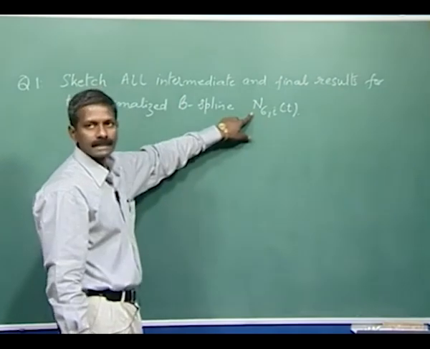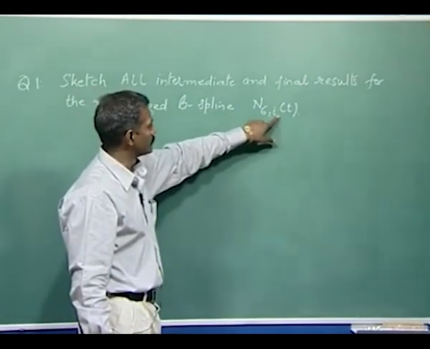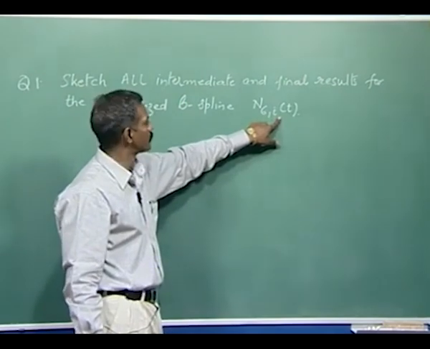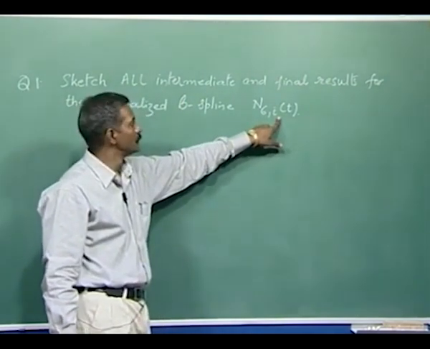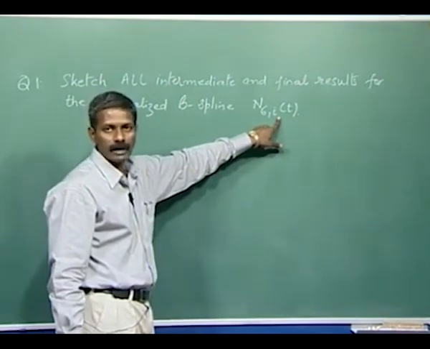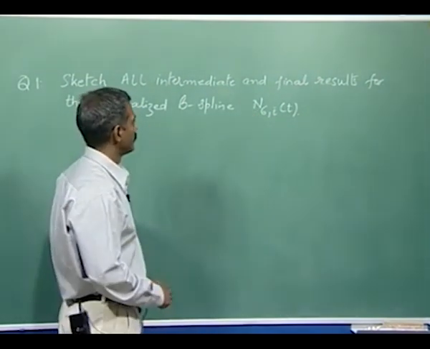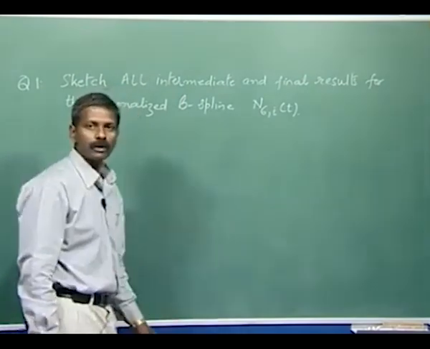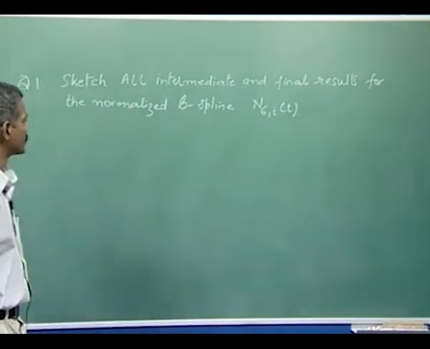Remember that the sketching procedure for N6i of t or any other normalized basis function is identical to that of the corresponding M k i of t. You do not want to worry about the magnitude while you're sketching these B-spline basis functions.